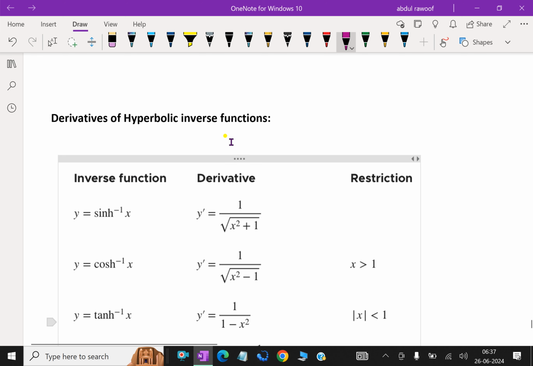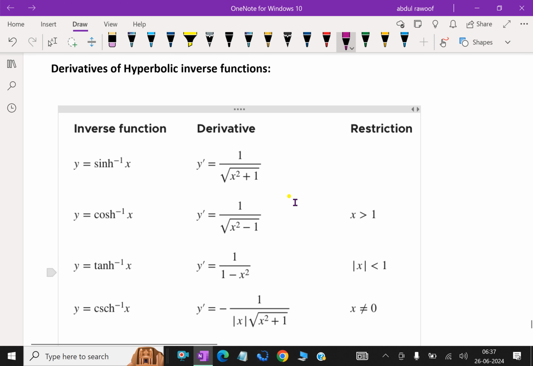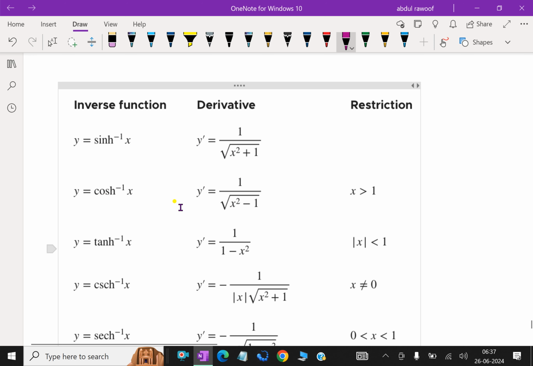Next, derivatives of hyperbolic inverse functions. For y equals sinh inverse x, its derivative y dash is 1 over the square root of x squared plus 1. For cosh inverse x, y dash is 1 over the square root of x squared minus 1.